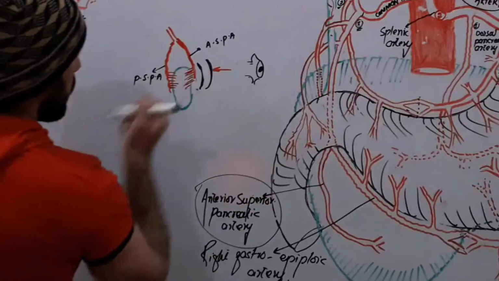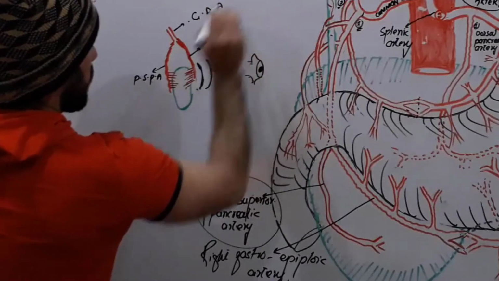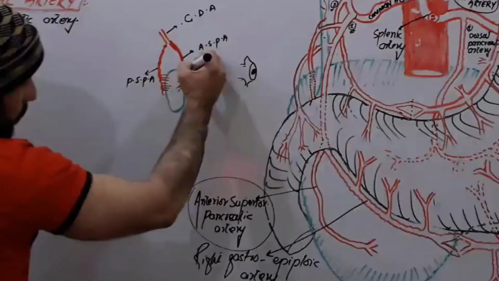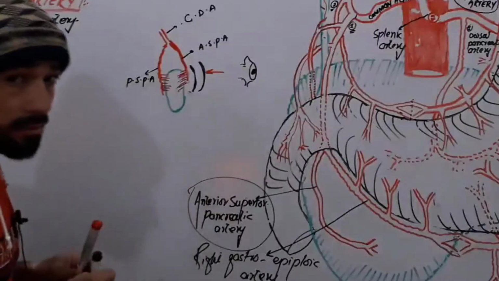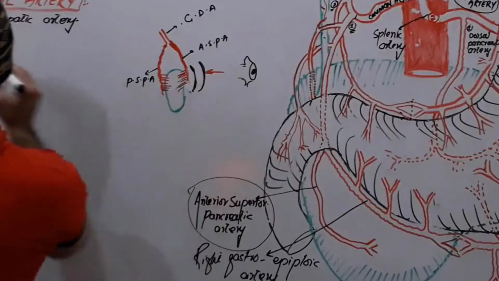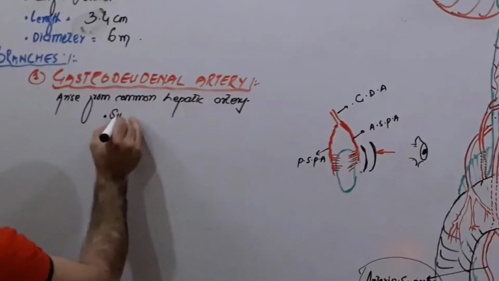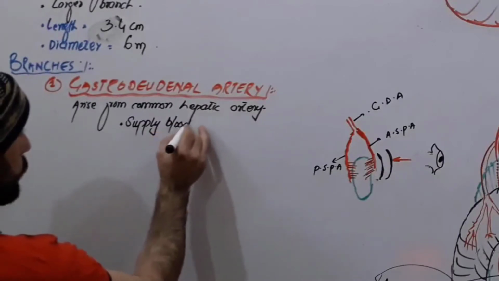Right? So this is our gastroduodenal artery. The gastroduodenal artery branches off towards the pancreas, so it is responsible for supplying blood to the pancreas. This is the pancreas, right? It supplies blood to what?